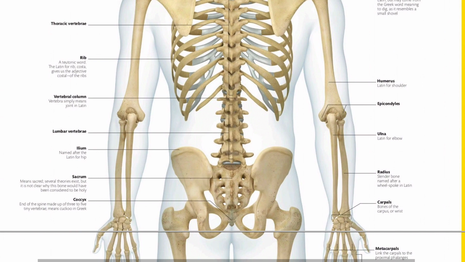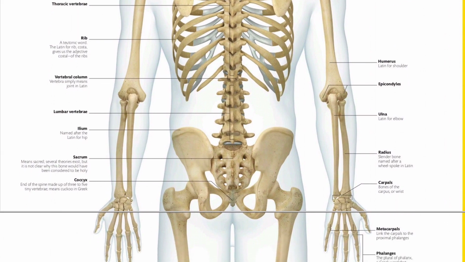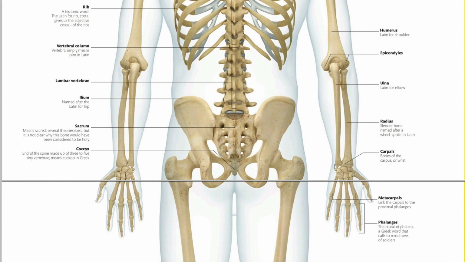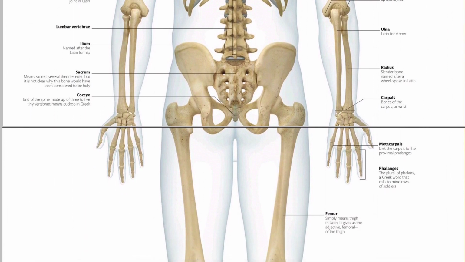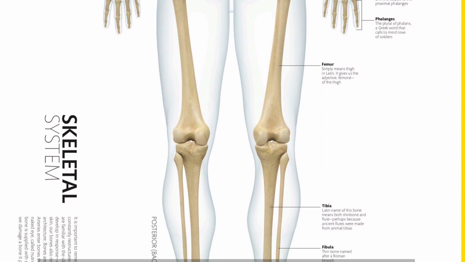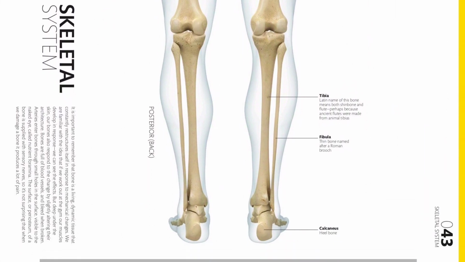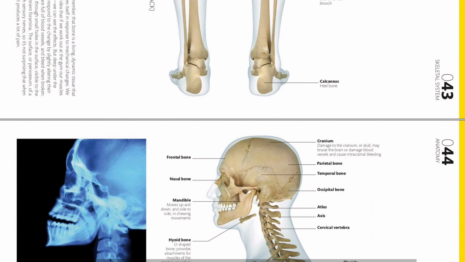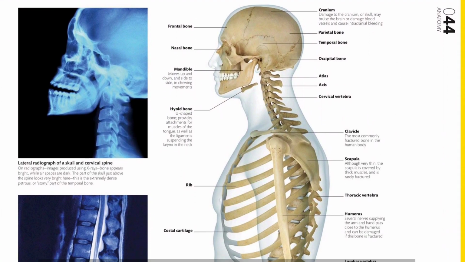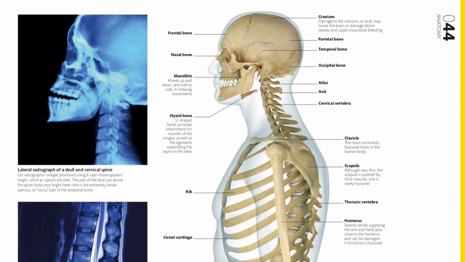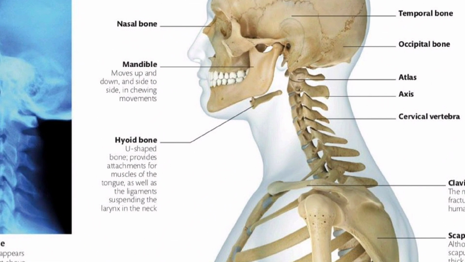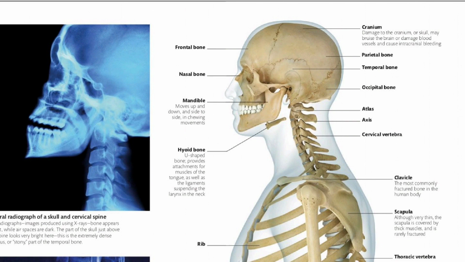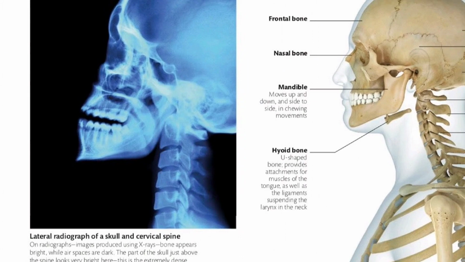Slowly I am scrolling so that you can read the names properly. And now I'm showing you the side view. This bone was not visible in the dorsal or the ventral view, but in the side view, the lateral view, we can see this bone, and this is the x-ray they are showing.